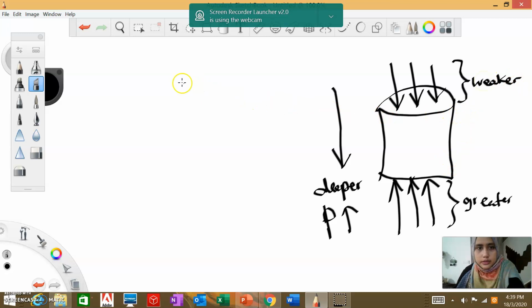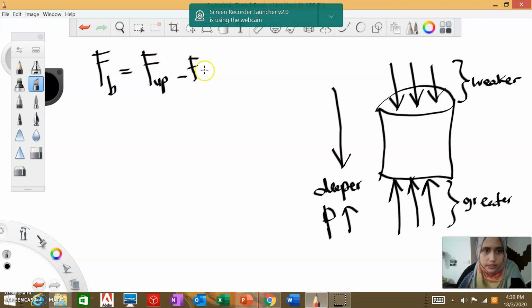Okay. So how do you measure buoyant force? You can measure the difference in pressure at the top and also the bottom. So force is equal to pressure times area.